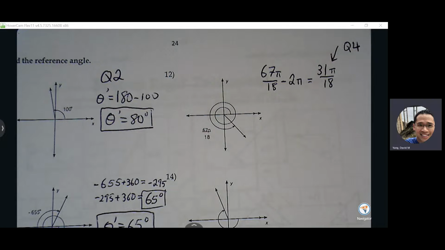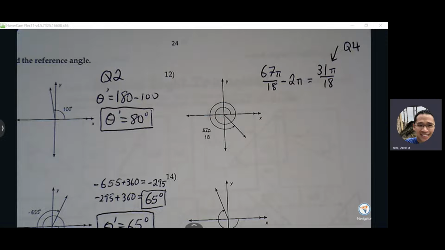Okay, so number 12, I look at that 7/18, and that's obviously greater than 2. So I subtract 2 pi and I get 31/18. I test that fraction. Is that 31/18 less than 2? What's that decimal value, 31/18?